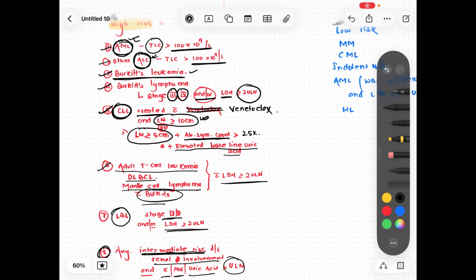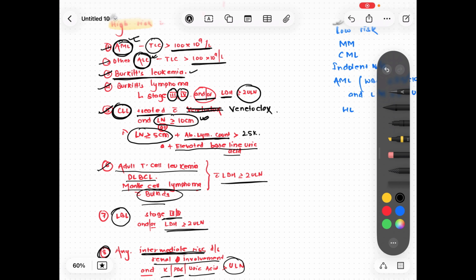Any CLL treated with newer agent like venetoclax and lymph node more than 10 centimeter. If the lymph node in CLL is more than 5 centimeter, then the absolute lymphocyte count is more than 25k with elevated baseline uric acid.